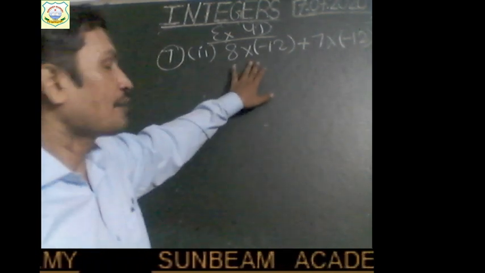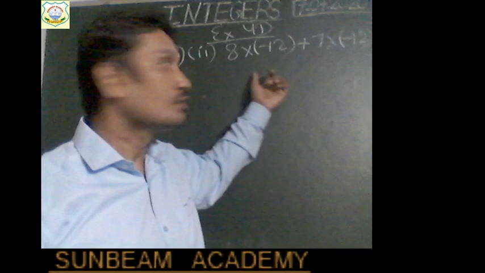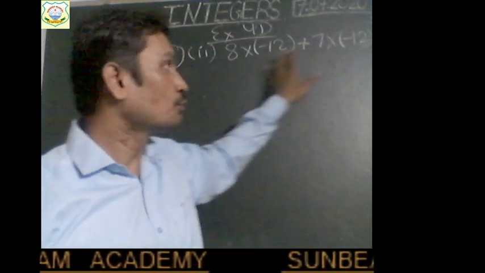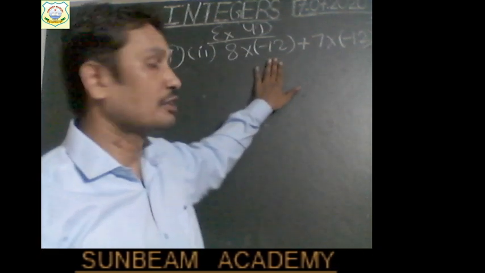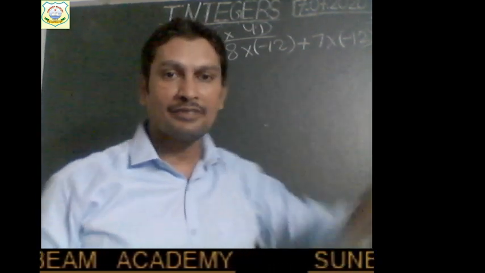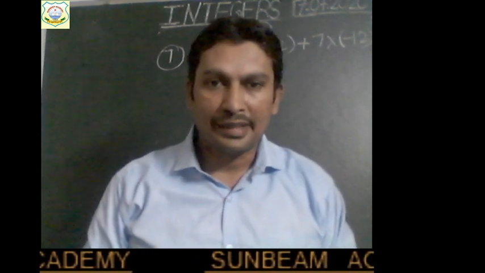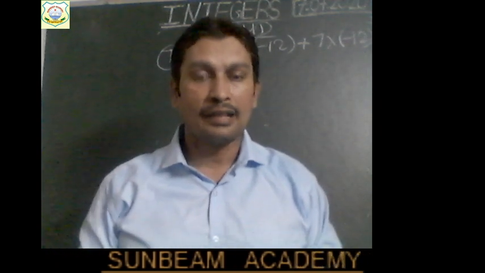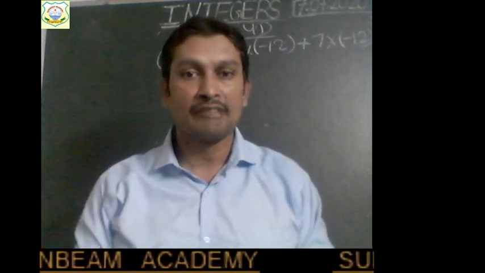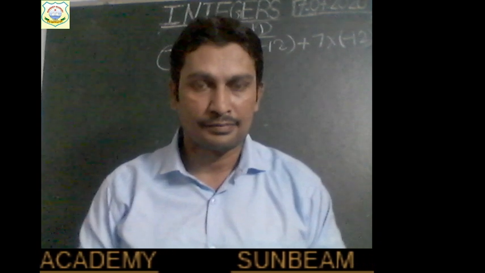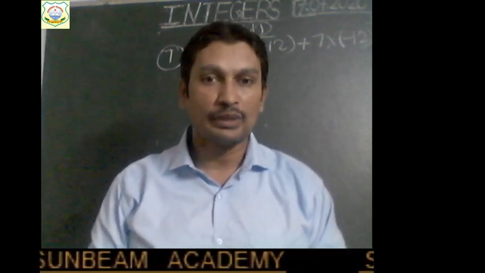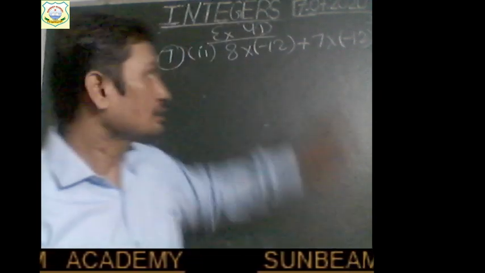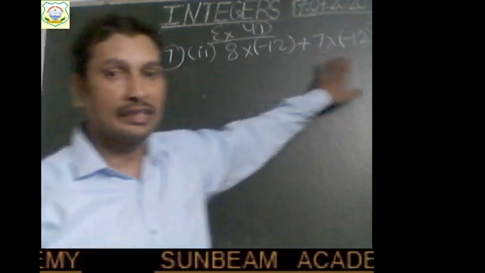If we have two products with one common integer, that is minus 12, then this common integer will be written outside the bracket, right, children? And whatever integers are left will be written inside the bracket. So this is which property, children? This is distributive law. This is in the form of a into b plus a into c.